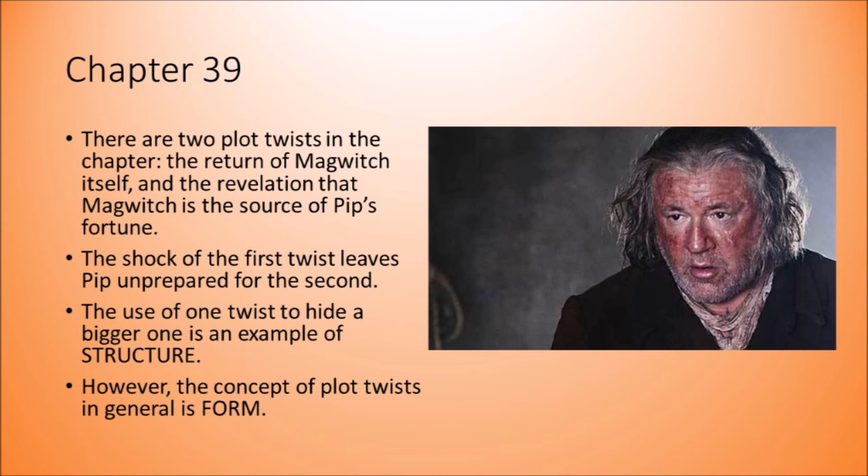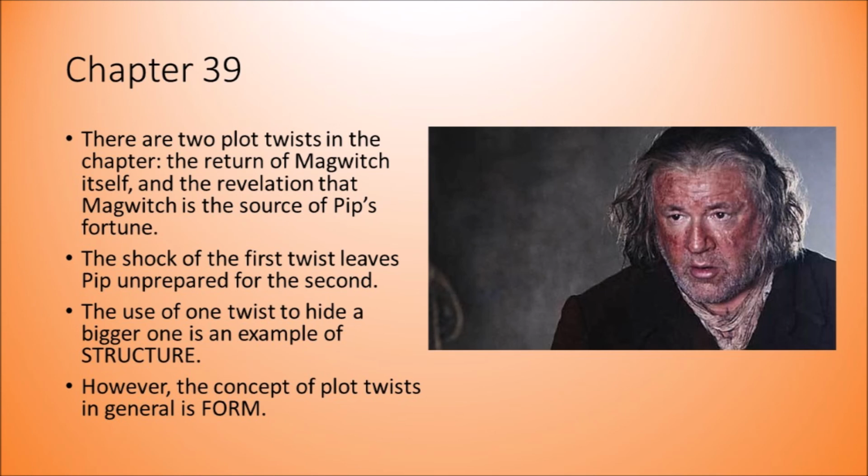Now, the way this chapter works is that Dickens uses one plot twist to hide another one. The surprise of Magwitch's return occupies Pip's attention and the reader's attention, and it leaves us completely unprepared for the second twist, a bigger twist, that follows a couple of pages later.